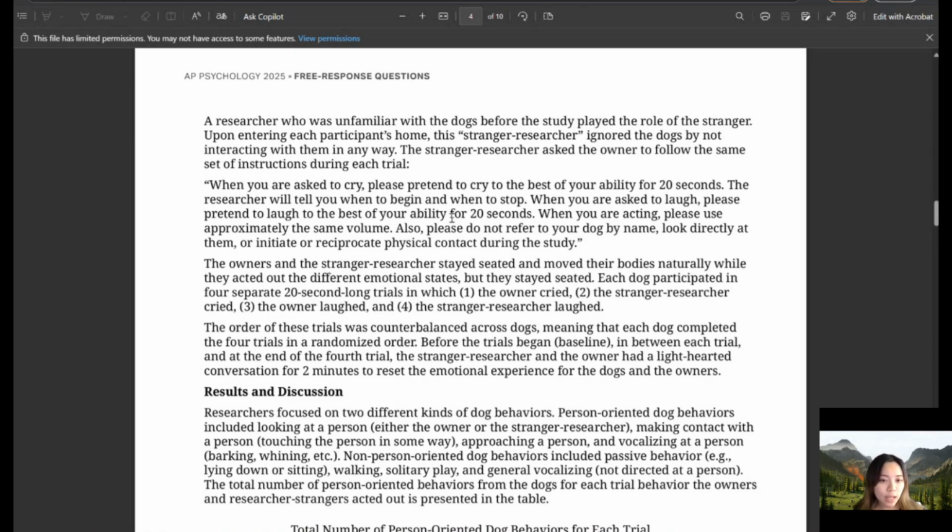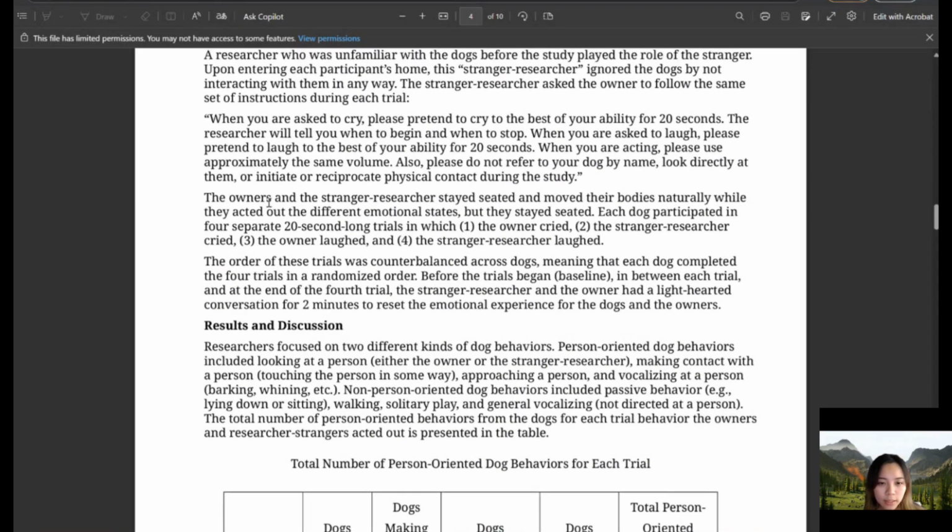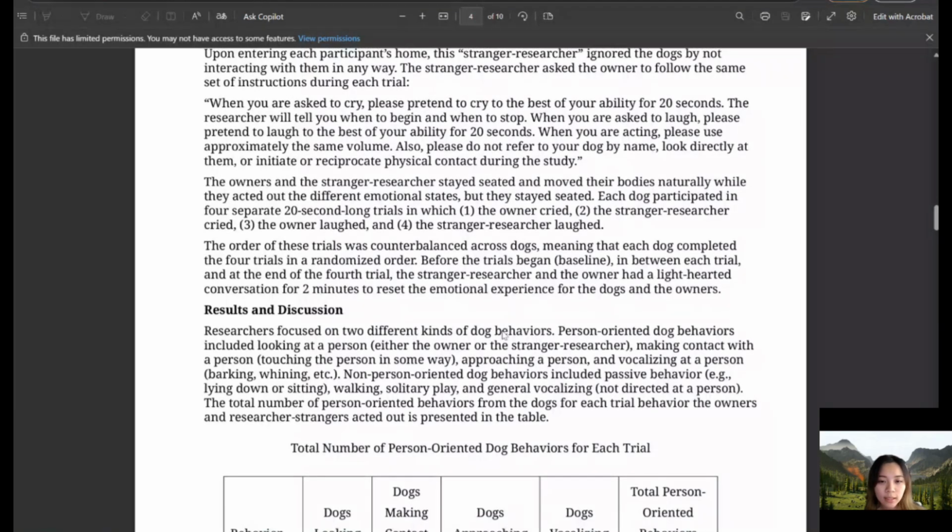The researcher will tell you when to begin and when to stop. When you're asked to laugh, please pretend to laugh to the best of your ability for 20 seconds. When you're acting, please use approximately the same volume. Also, please do not refer to your dog by name. Look directly at them. And I'm going to skip this part. Okay, this part is not really important.